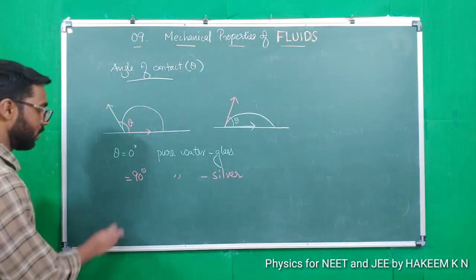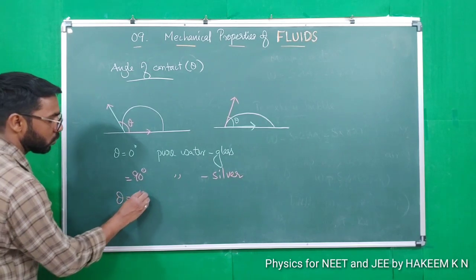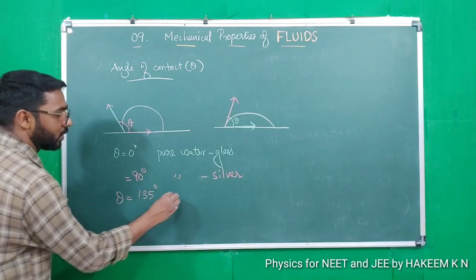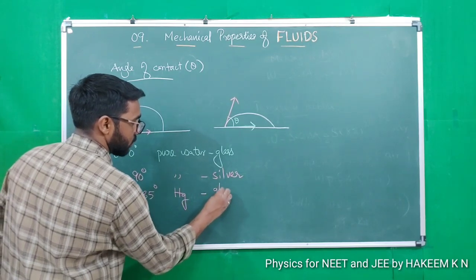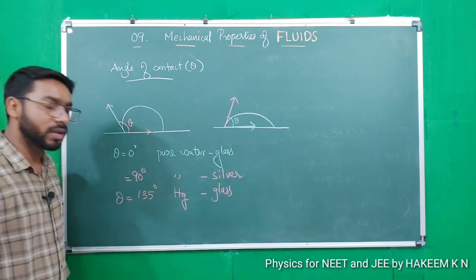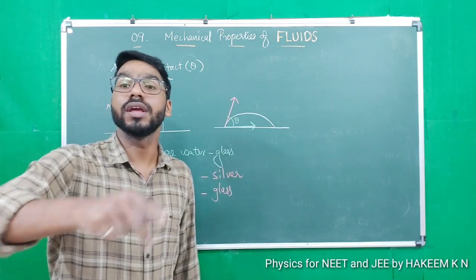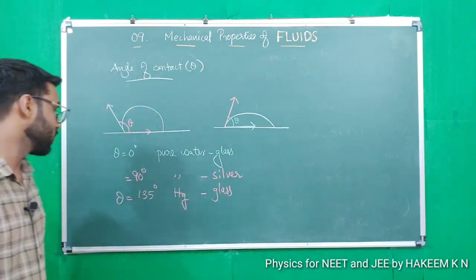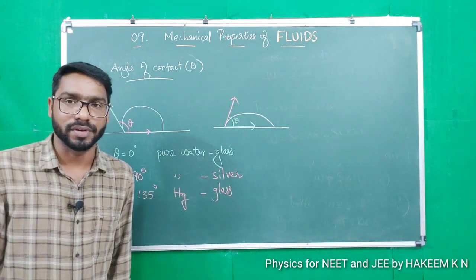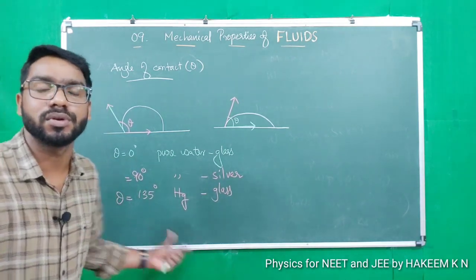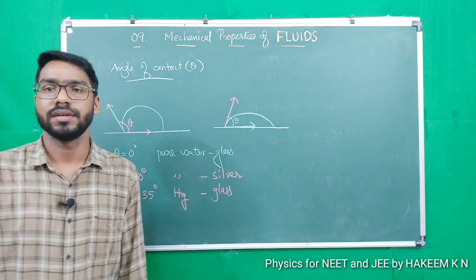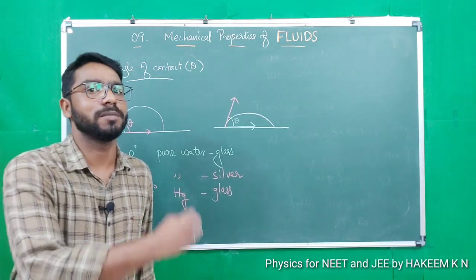And theta equal to 135 degrees for mercury glass. When mercury is poured into a glass vessel, theta is around 135. The correct value is 138, but for problem solving it is better to take 135 degrees because 135 is 90 plus 45.